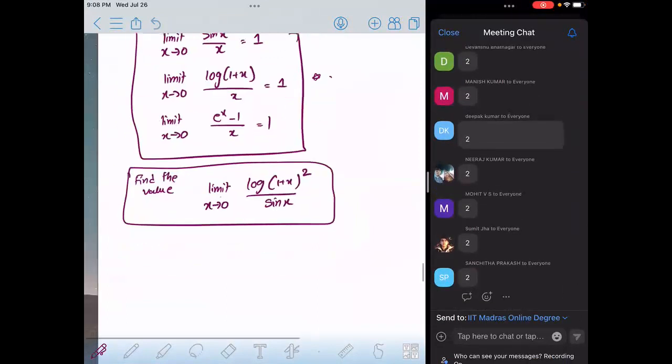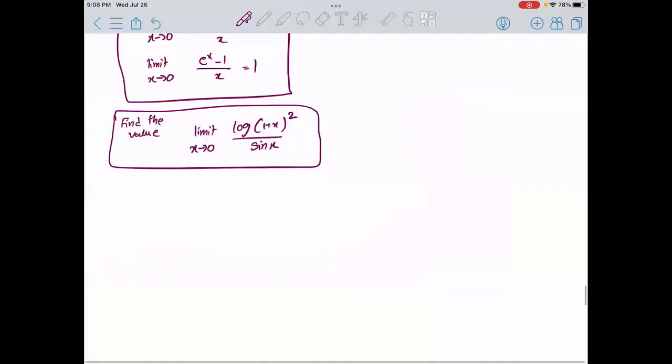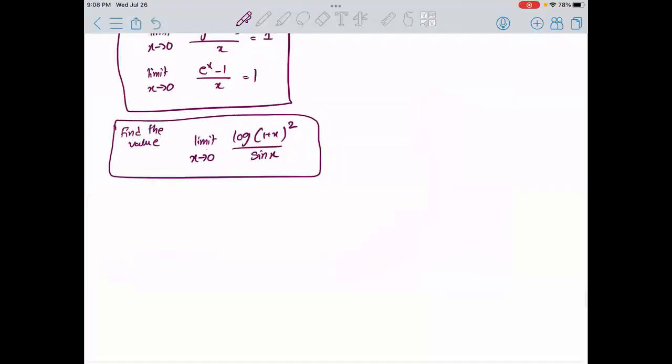Okay, let me solve this. Look here, you can see this. Log of (1 plus x) whole squared can be written as 2 into log(1 plus x).